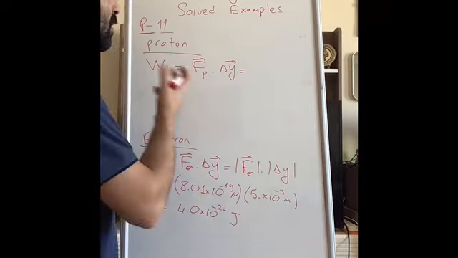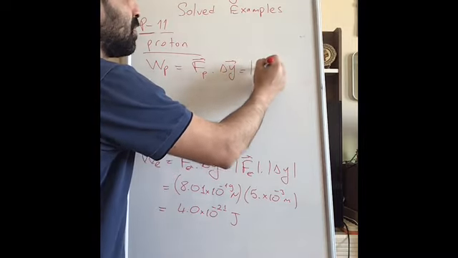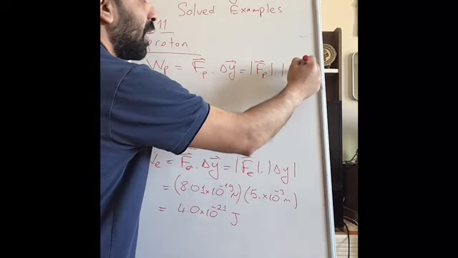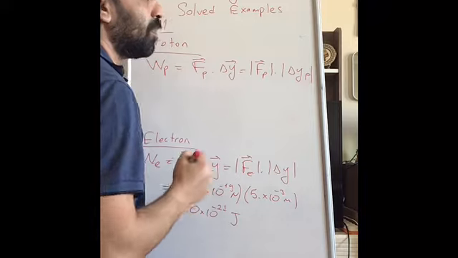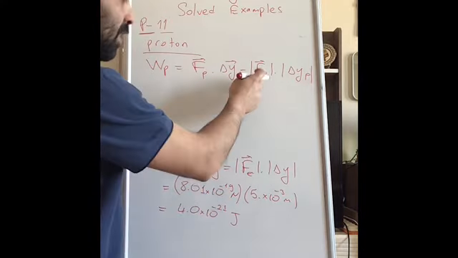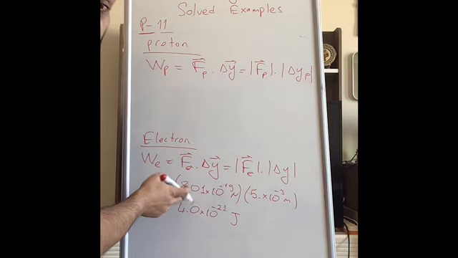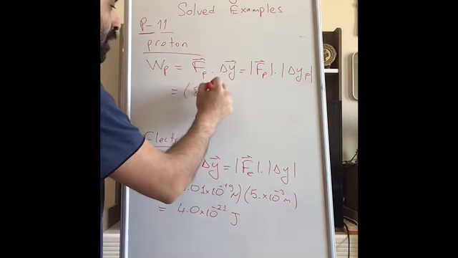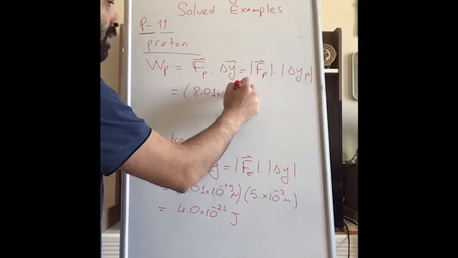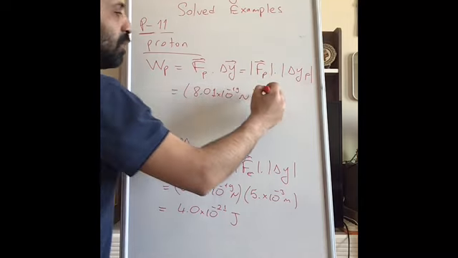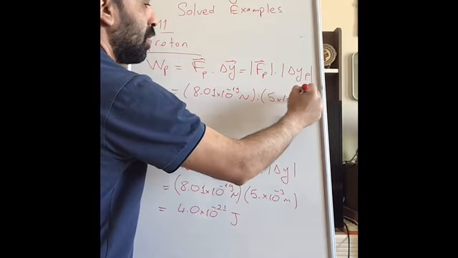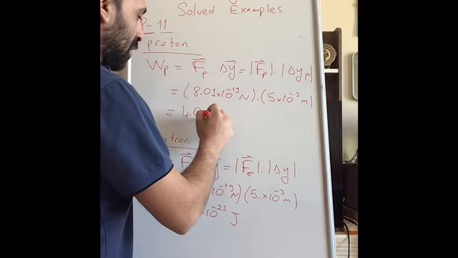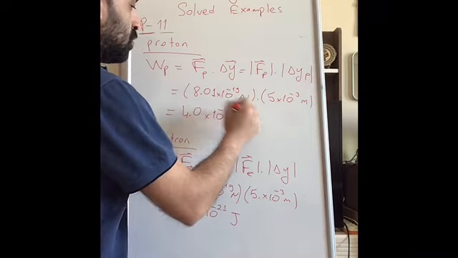So using the definition of scalar multiplication, it will simply be equal to the magnitude of the proton electric force times the magnitude of the displacement of the proton, which is again 5 millimeter. And F proton is also equal to the electric force on the electron. So the same numbers, 8.01 times 10 to minus 19 Newton times 5 millimeter, which is 5 times 10 to minus 3rd meter, and the result will be the same, 4.0 times 10 to minus 21st joule.